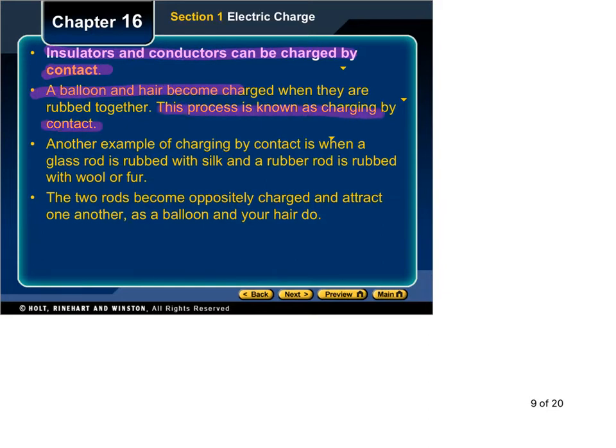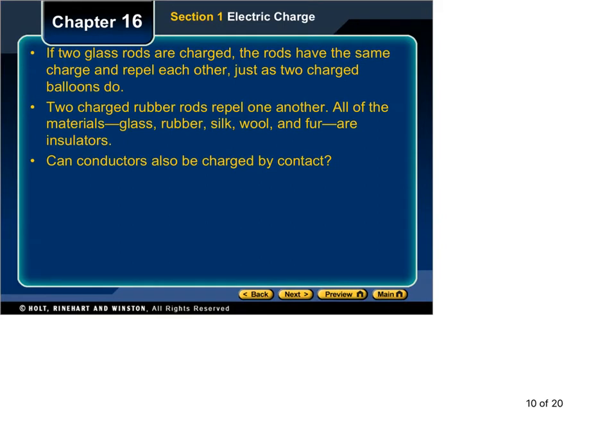Another example: a glass rod rubbed with silk, a rubber rod rubbed with wool fur, both of those will be charged by contact. So the two rods, or the balloon and the hair, become oppositely charged as this process goes through. What's happening is electrons are being transferred from one substance to the other.